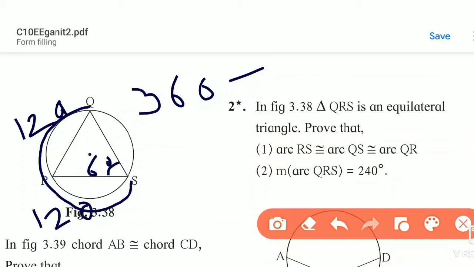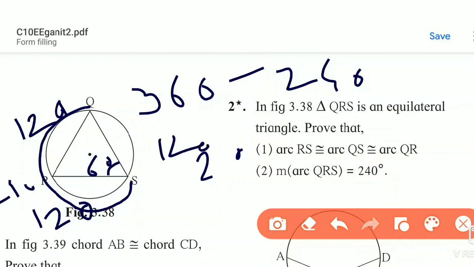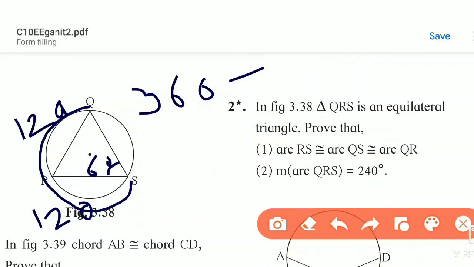So these two add up to 240, and if you subtract this from 360, you get the measure of the remaining arc, which is 120. In this way we can prove it.